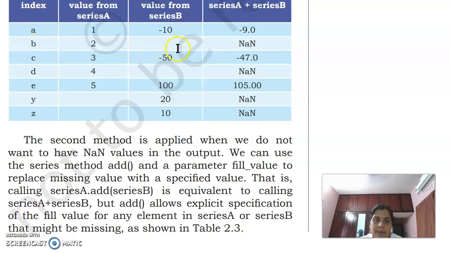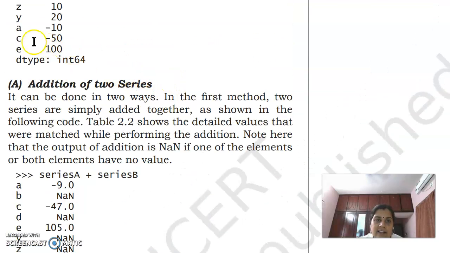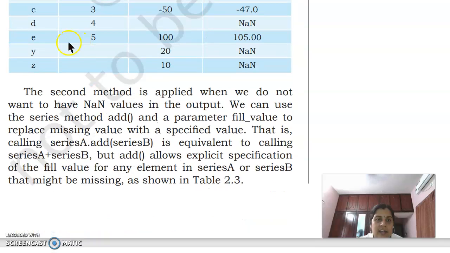This index is not in series B, so it is left blank, denoted as not a number. Index C has minus 50 in series B. Index D has nothing. Index E has 100, and there are other indexes, Y and Z, with 20 and 10.